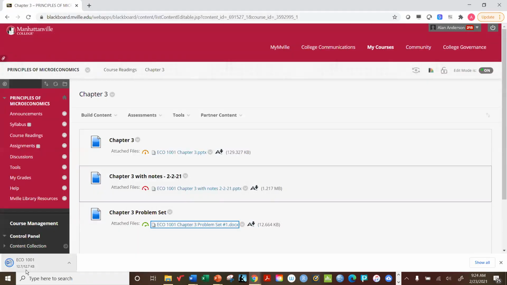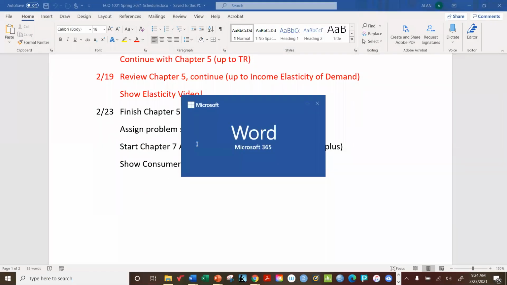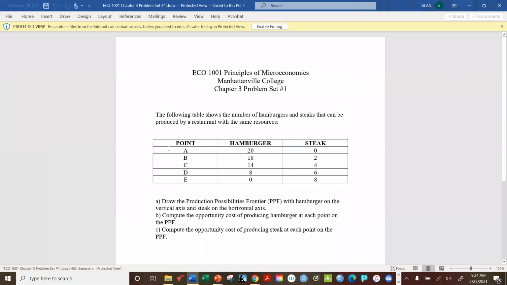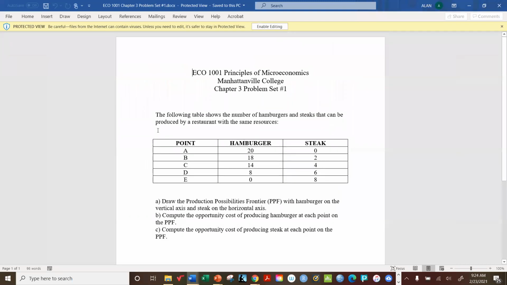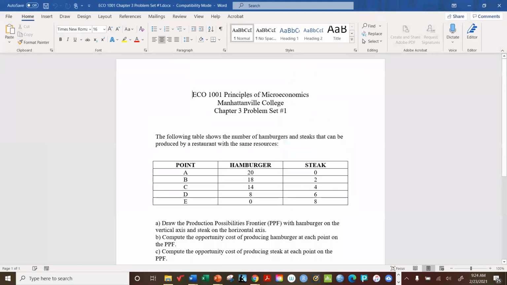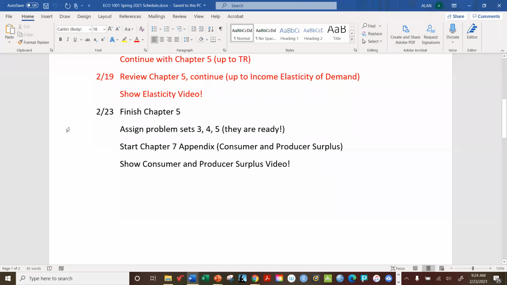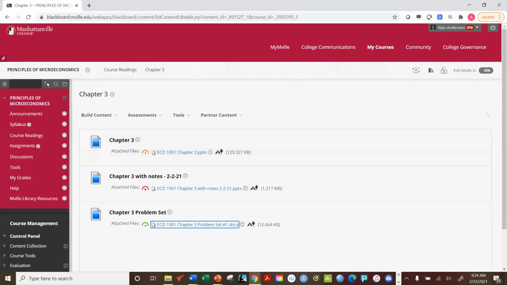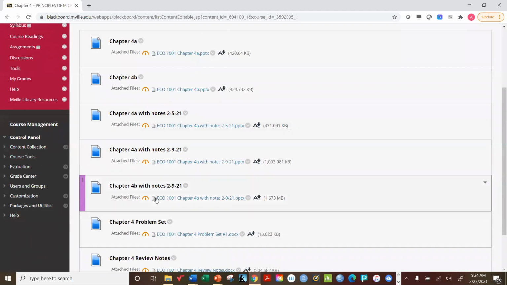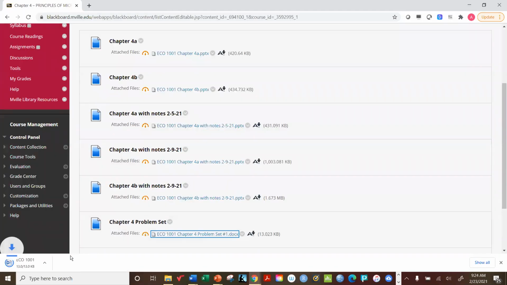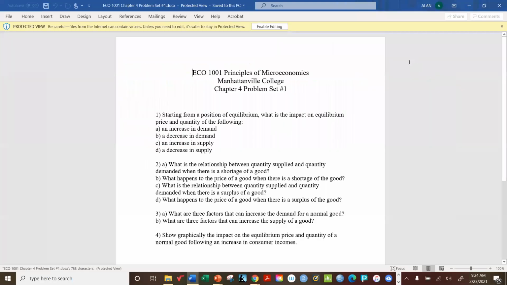And you'll see, they're not terribly long. These are just meant to make sure that everyone's keeping up with the content. Here we have that discussion about the production possibilities frontier, where you're being asked to calculate the opportunity costs as you go in both directions. Even though it looks very short, this could take a while, but it's good practice. And then for number 4, the problem set involves supply and demand.